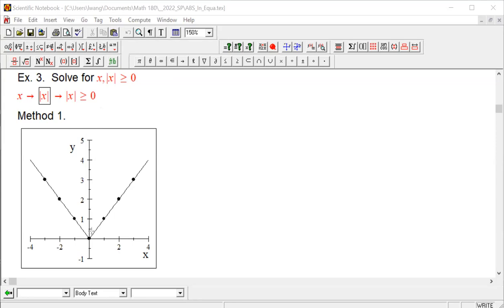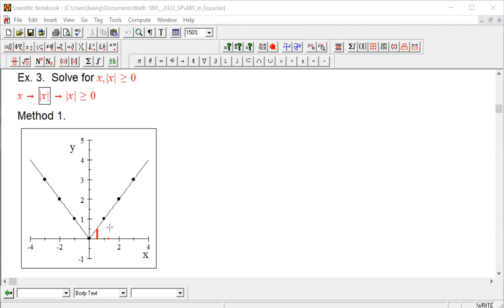So for output equal to 0, the input will be 0. For any input not equal to 0, the output will surely be larger than 0. So every single input will make the absolute value greater than or equal to 0 true.